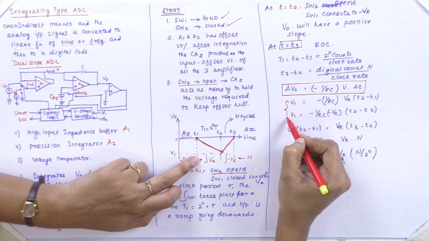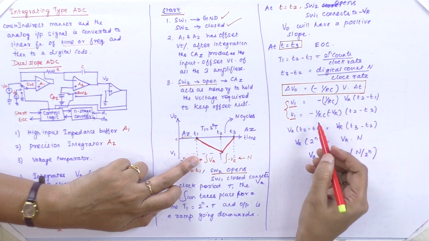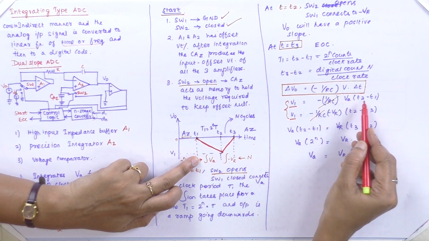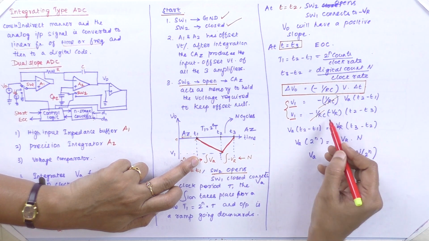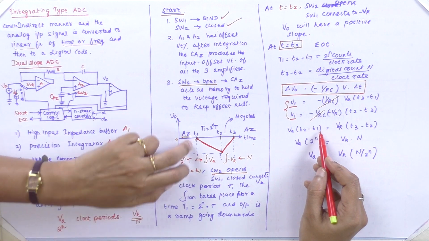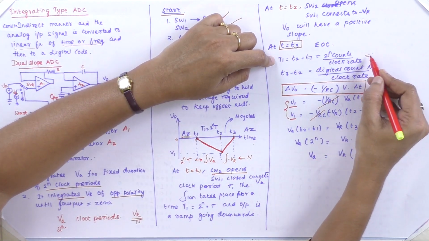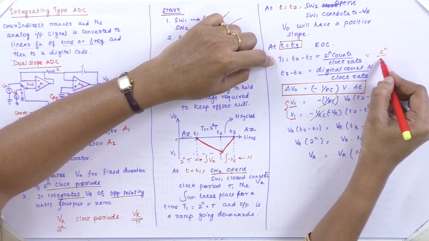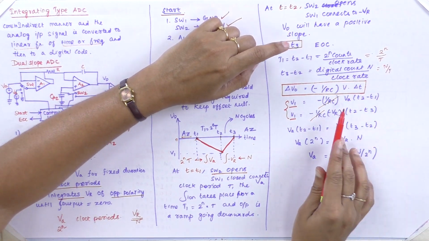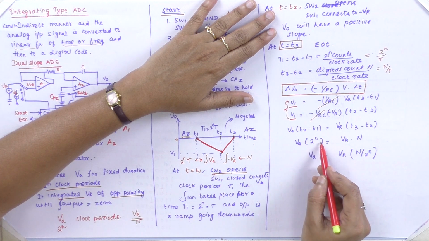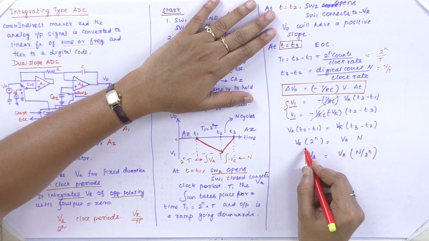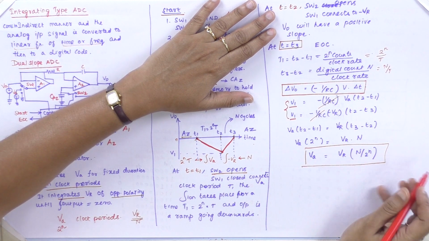Now I am going to equate these two V1 signals. Minus 1 by RC and 1 by RC get cancelled, so VA into T2 minus T1 equals VR into T3 minus T2. Then T2 minus T1 equals 2 power n times t, and T3 minus T2 equals n times t. The t gets cancelled, so VA by VR equals n by 2 power n.